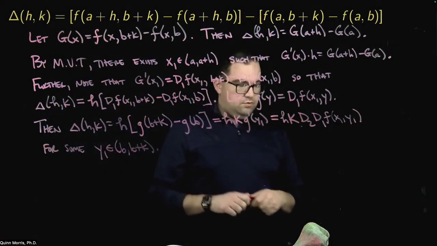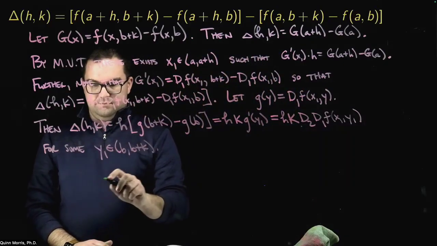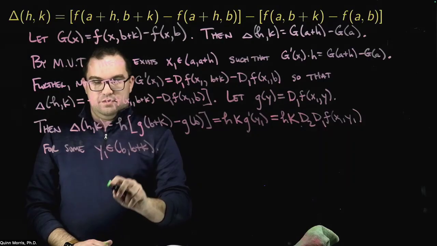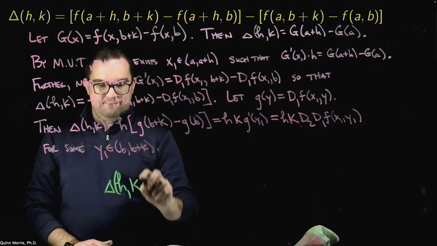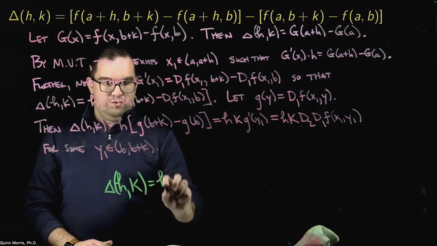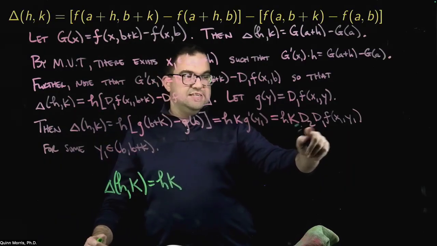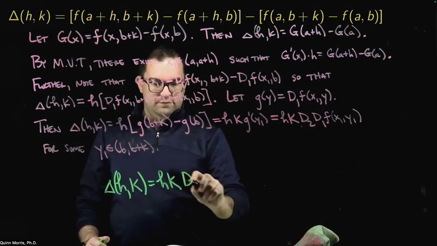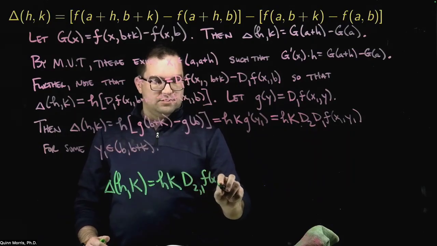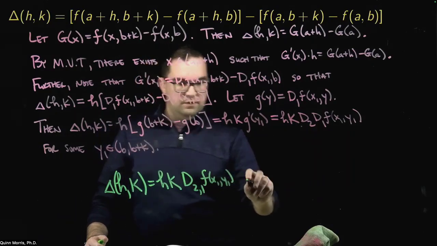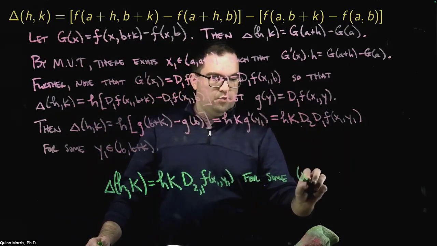All right, so the sort of moral of the story here is that we have here delta hk is equal to h times k times, this is really just d21 f of x1, y1 for some pair x1, y1.